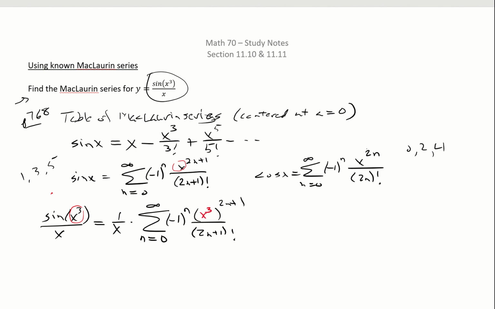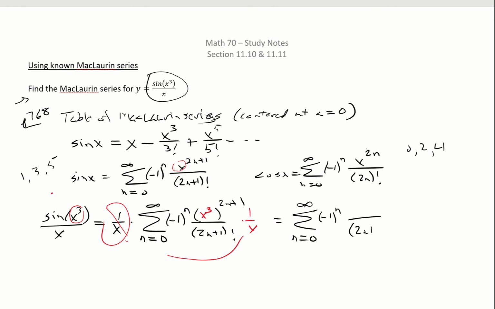And so let's finish it off. What we'll do is bring this guy in and have it multiply inside because it's like he's distributing with every term. And here's your series. n is 0 to infinity. We've got the minus 1 to the n to make the signs change. Oh, I forgot to multiply. What power of x is that? That's a trip.